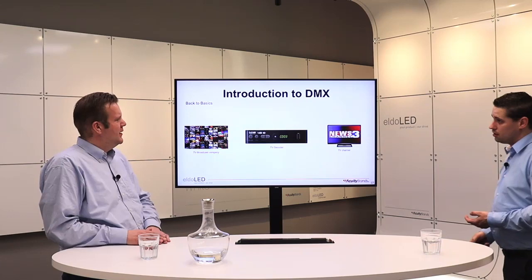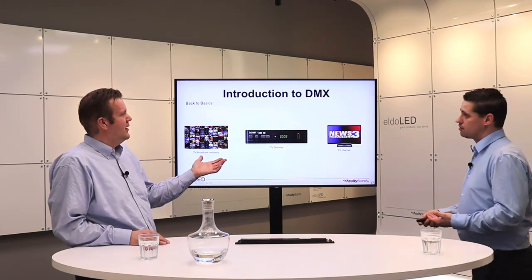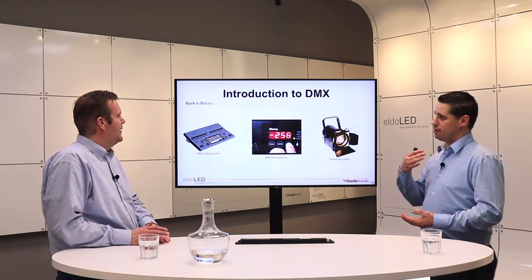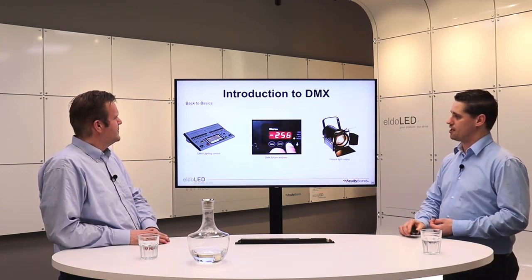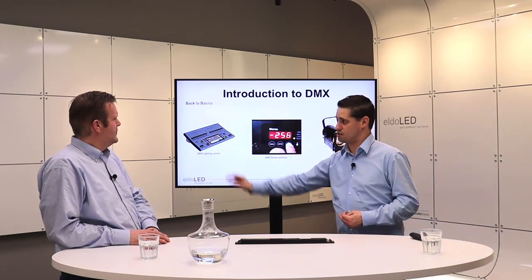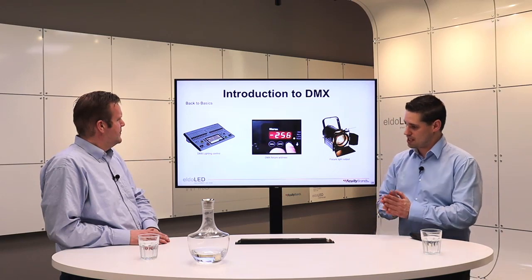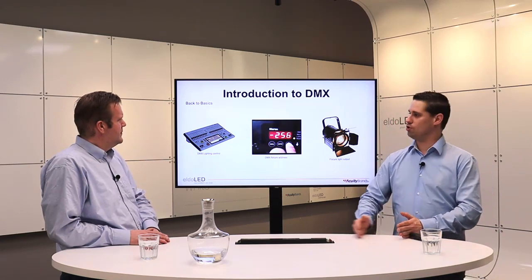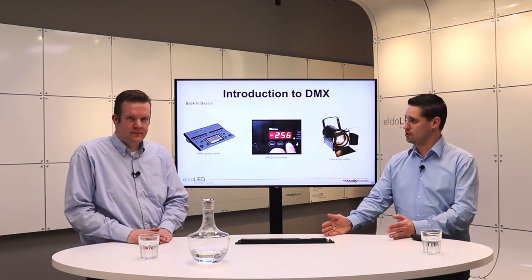Ah, now I see the connection. It's like a start address on your fixture then. Indeed, because if we do the same for a DMX application, it all starts with the lighting control desk. That lighting control desk sends out the dimming signals for all the luminaires which are connected to it.